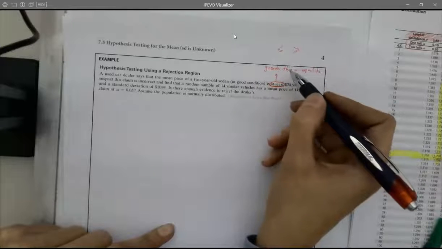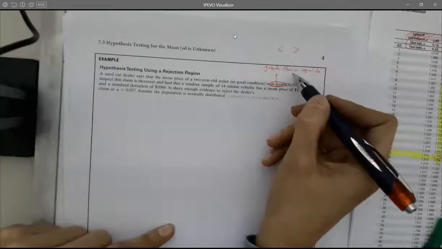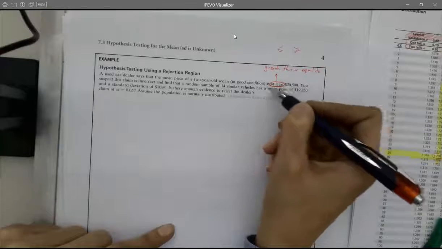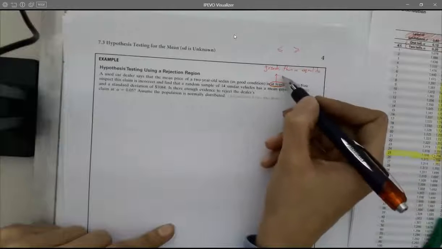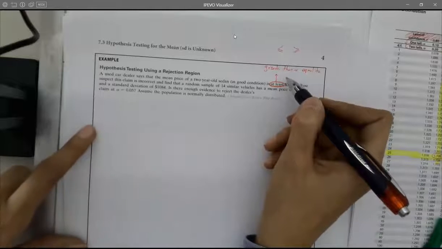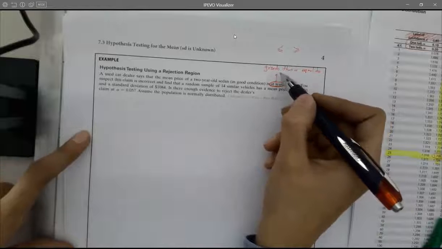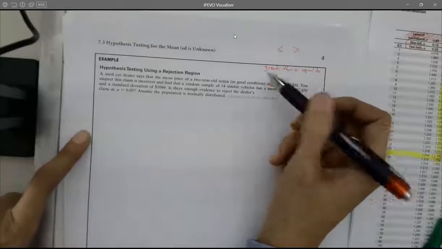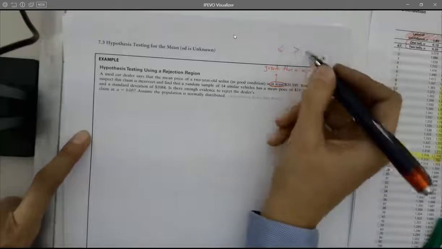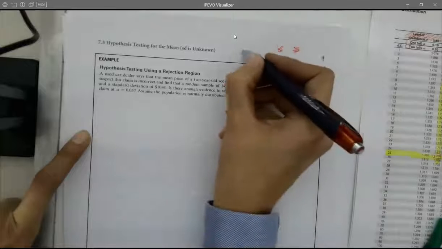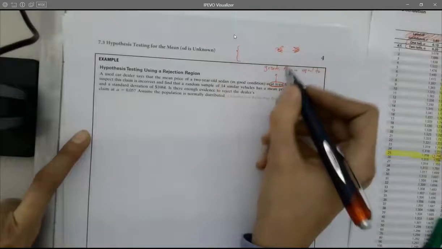So tell me this. What is given to you? Is it your null hypothesis or alternative hypothesis? What's given with at least? Which category is this? Greater than or equal to, which one was that? First category. Thank you, Adlan. So let us write this down here. Your first category is given.